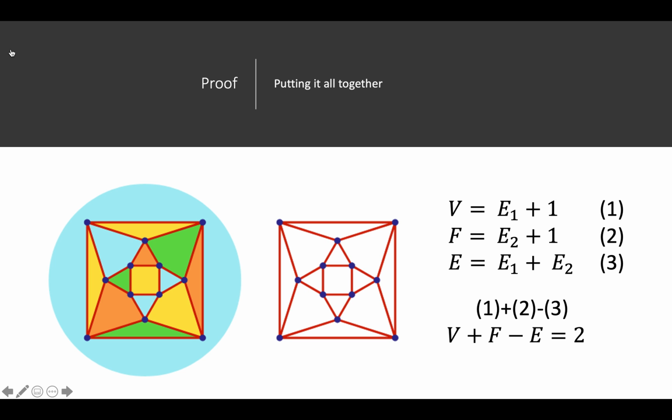Notice that we have V for equation 1, F for equation 2, and E for equation 3. So it might be natural to just add equation 1 and 2, V plus F, and then minus equation 3, E. Sure enough, when you do that, E1 and E2 cancel out, and you're left with V plus F minus E equals 2, aka Euler's formula.